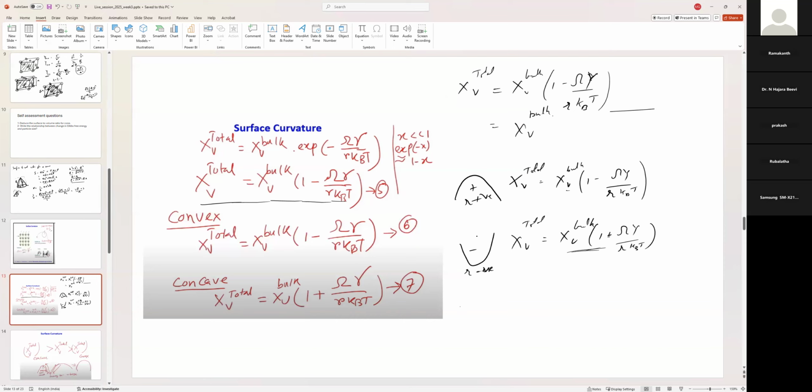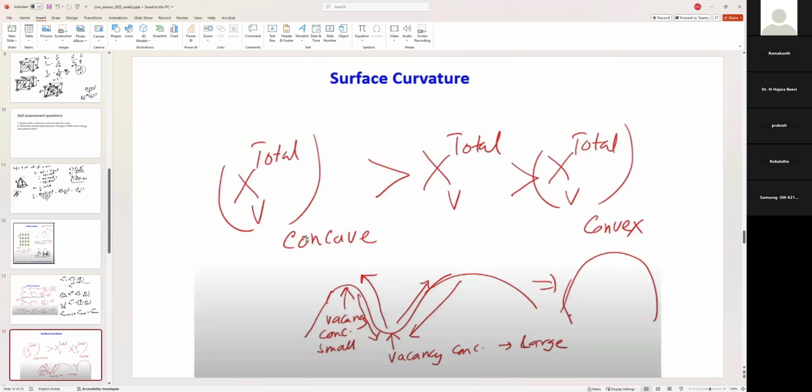So the total vacancy concentration for concave is greater than the vacancy concentration for bulk, which is greater than the vacancy concentration for convex. The concave is the greatest.